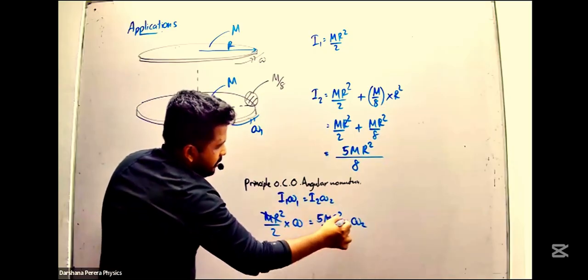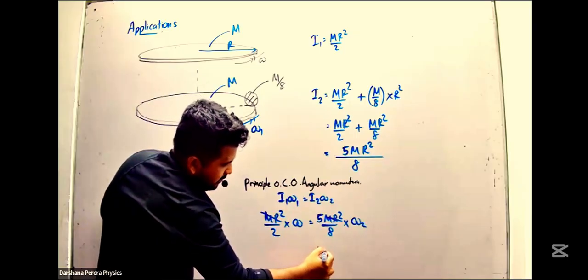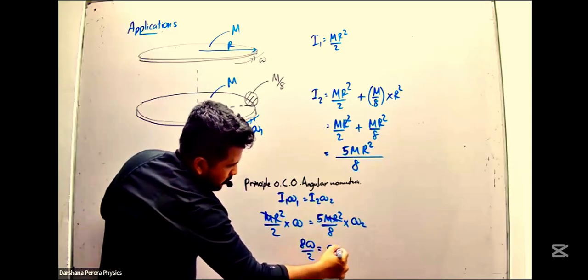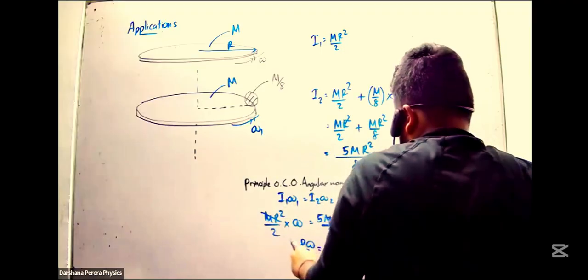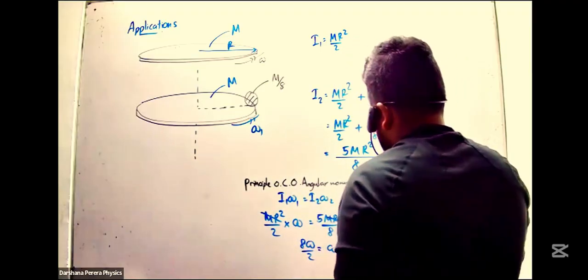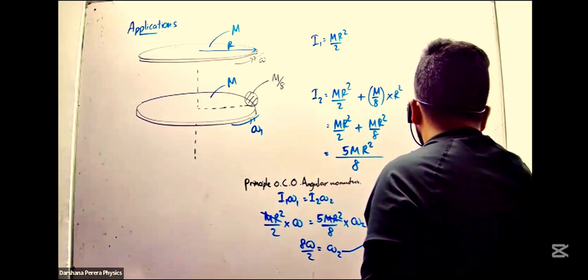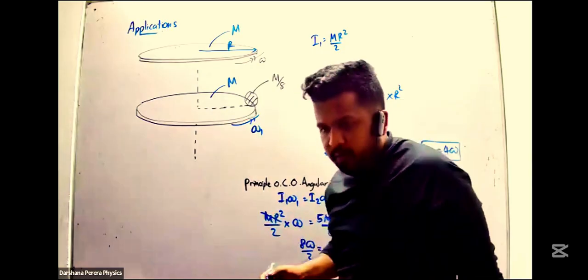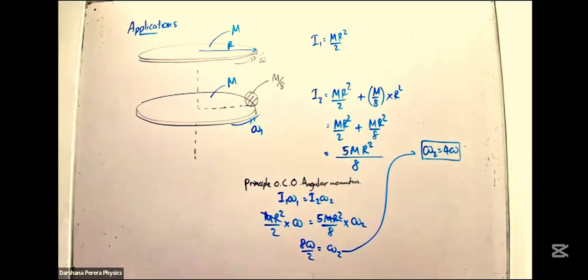M R square cancels out. It is 8 omega over 10, so omega 2 equals 0.8 omega.